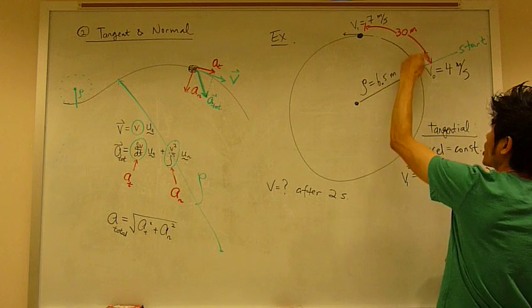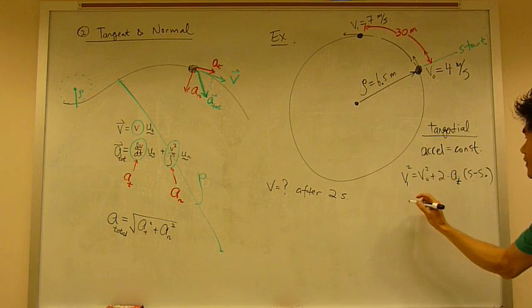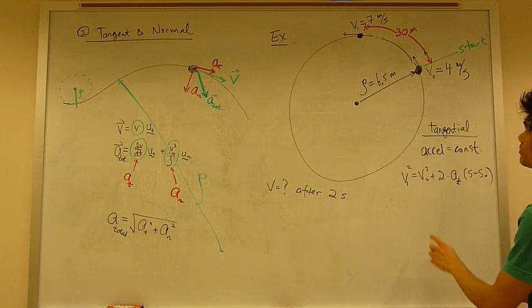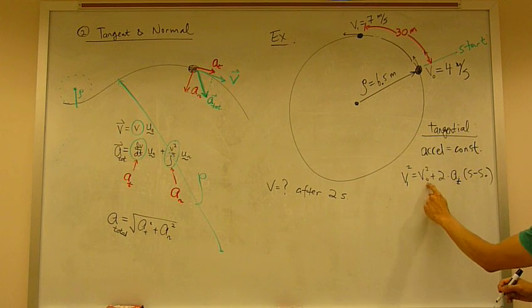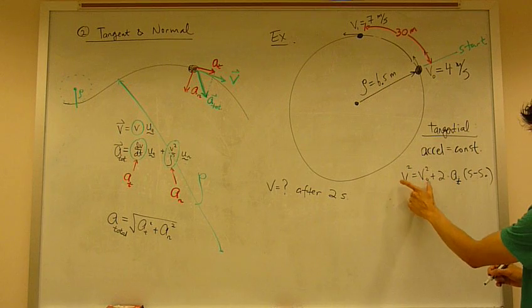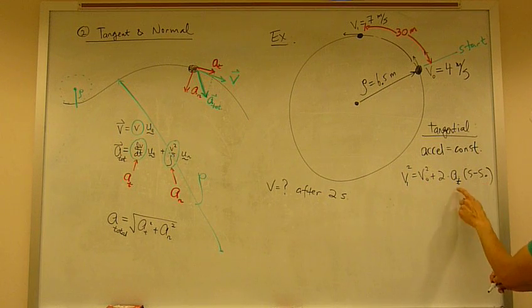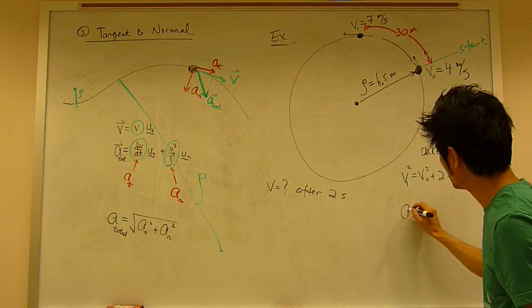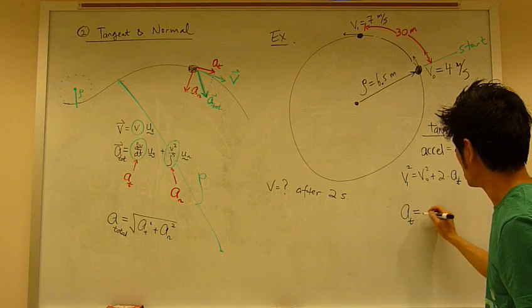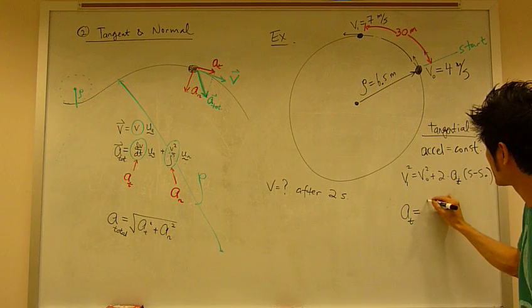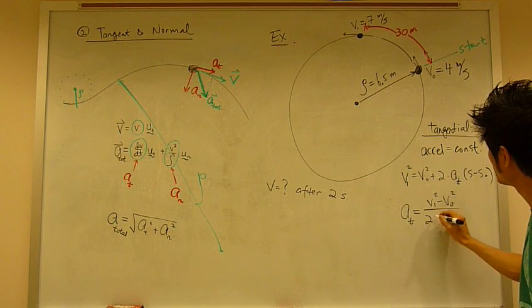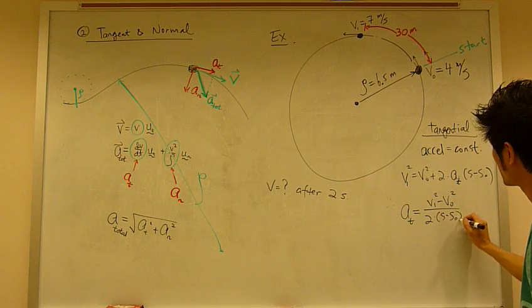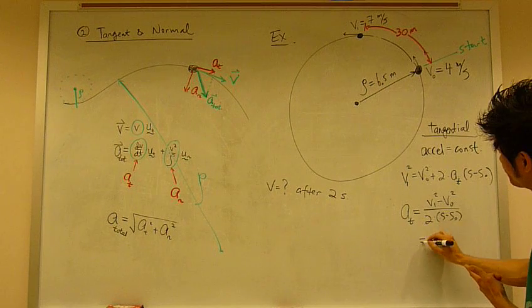This is exactly this arc length, that's 30. So knowing these two end velocities and this, the tangential component of the acceleration can be found. So just move things around: at equals v1 squared minus v naught squared over 2 times s minus s naught. Now plug in the numbers.